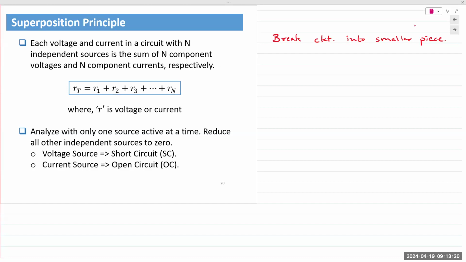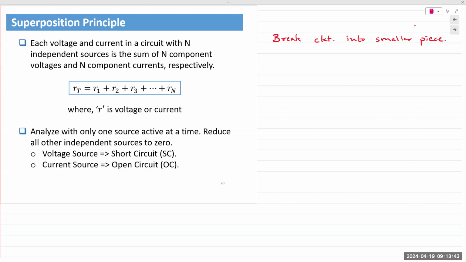So superposition principle states that we could analyze such a circuit with only one source on or active at a time. You calculate the voltage and current in the different parts of the circuit. Then you turn the first source off, you turn on the second one. And when you turn on the second one, now you again calculate or measure the voltages and currents in the circuit.